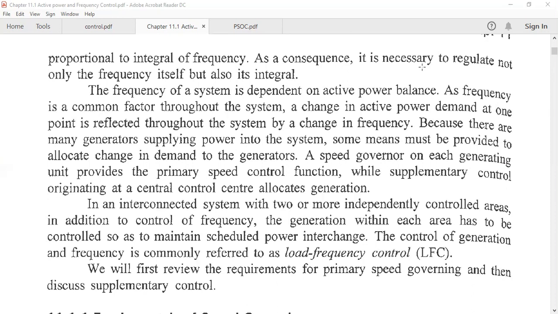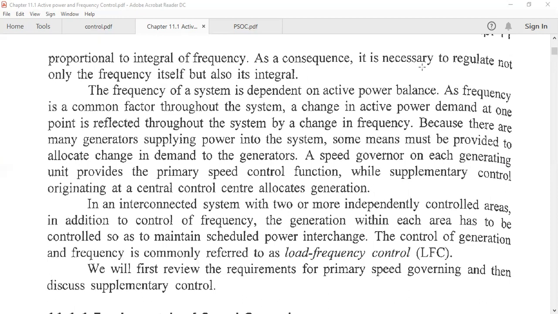As well, we allocate different units for different time periods throughout the day, by which we can control the frequency and deliver the amount of power required by the load.